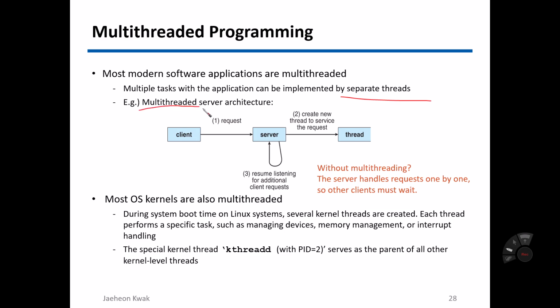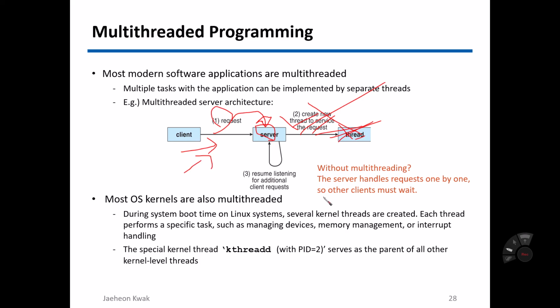Here's an example, a multi-threaded server architecture. We have a client and a server, and when the client sends a request to the server, the server will not handle the request itself; instead it will create a new thread to handle it. The request is handled by this new thread, and the server keeps listening for additional client requests. Without multi-threading, the server has to handle the request itself, and during this handling it cannot listen for new requests from other clients.